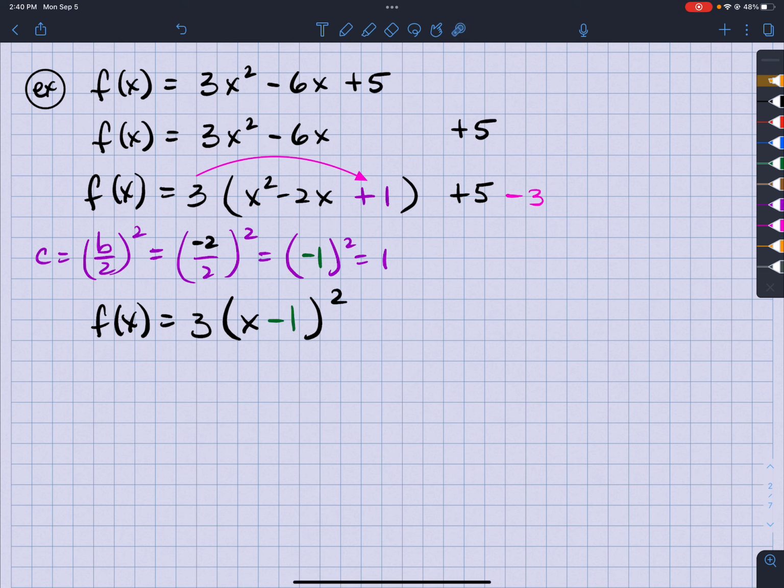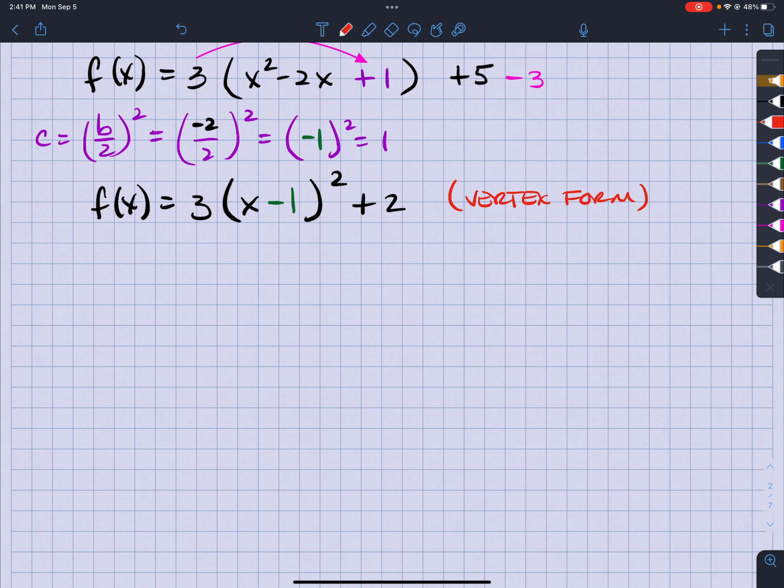And then whatever the result of this is, which is a plus 2. Okay, so notice that I just went from standard form to vertex form.